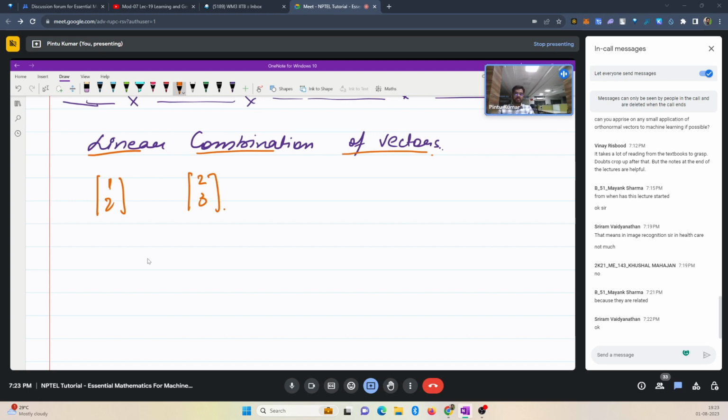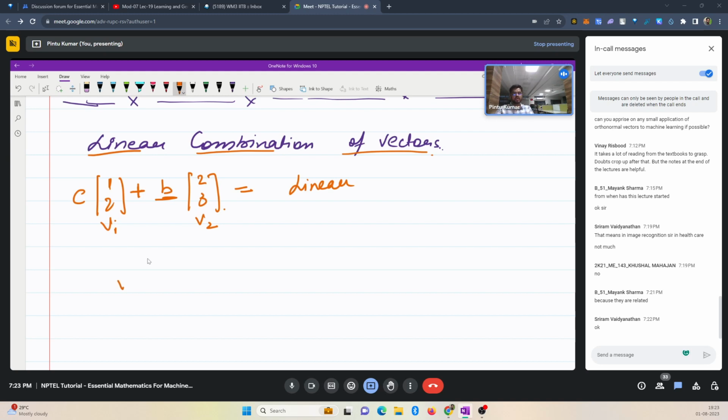If you multiply the first with some scalar, multiply the other with some scalar, and add them, you will obtain something. If you take all such combinations of these two vectors, let's say v1 and v2, then you get the set of all linear combinations.